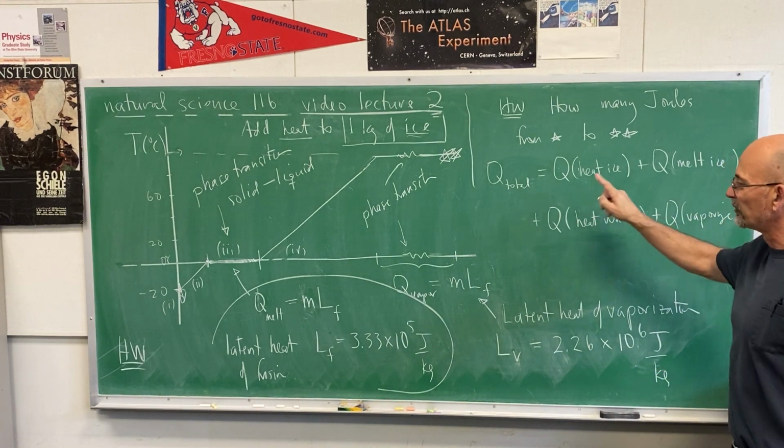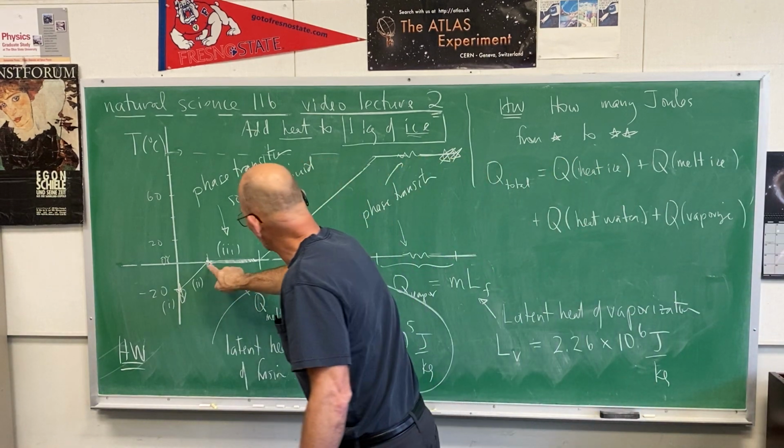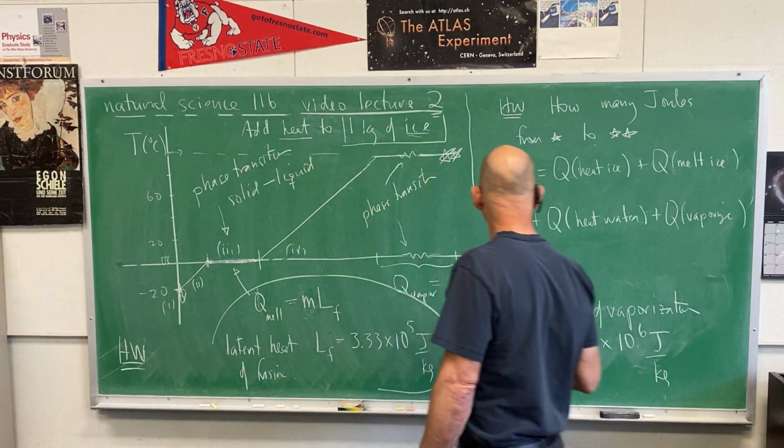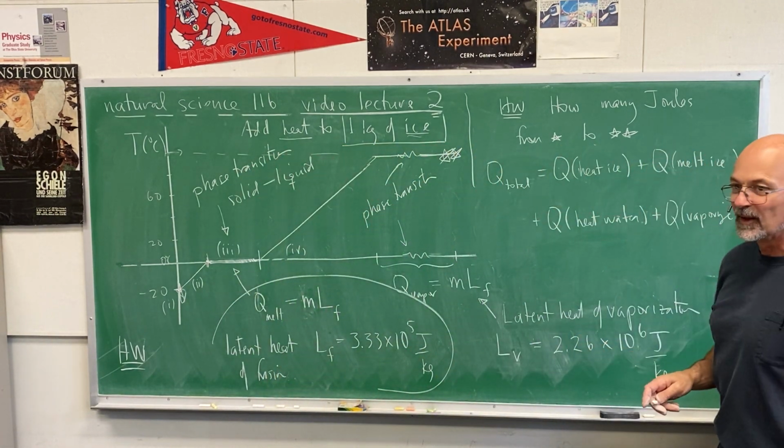Okay, so there were 4 sections here, 1, 2, 3, 4, and you just want to add them all up and get the total.